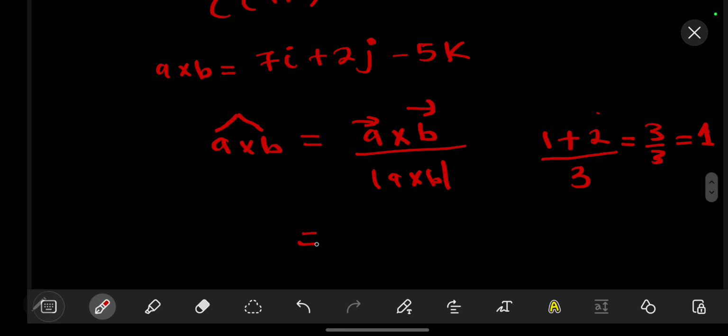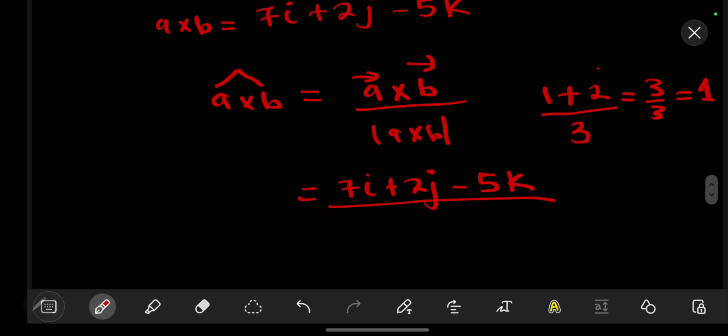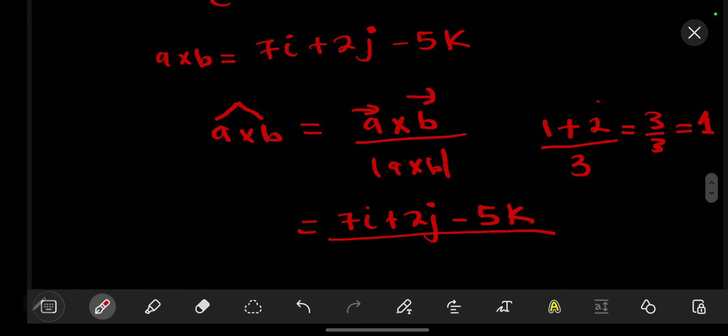So we can say A cross B, we know that it is equal to 7i plus 2j minus 5k, over the magnitude of A cross B. The magnitude of A cross B we found to be the square root of 78.